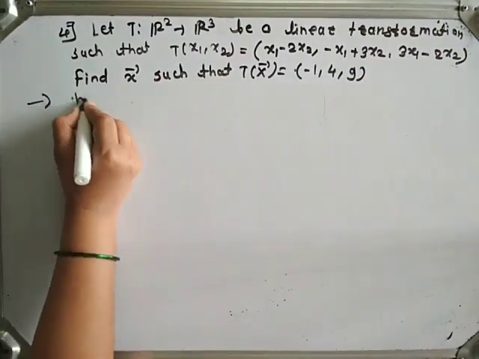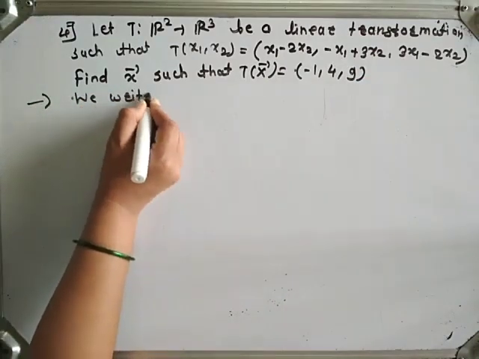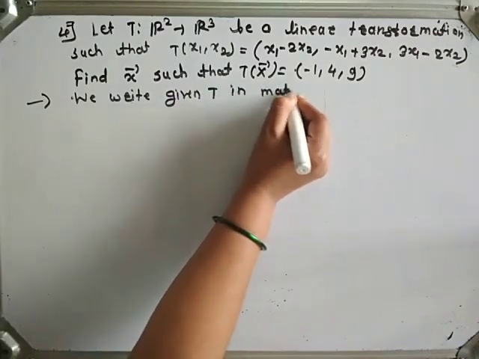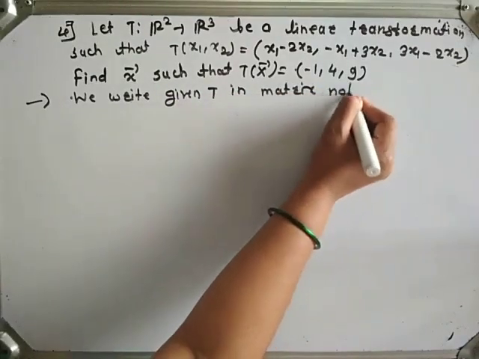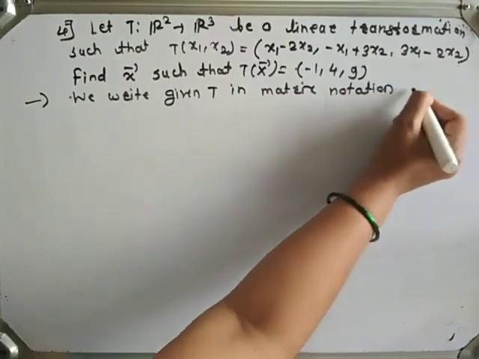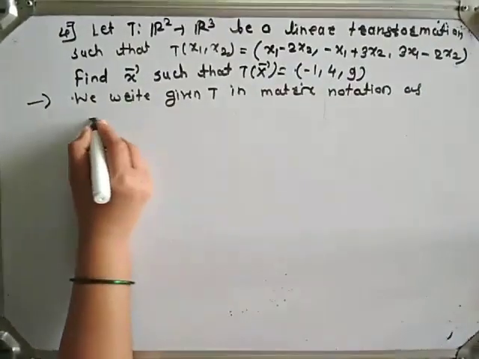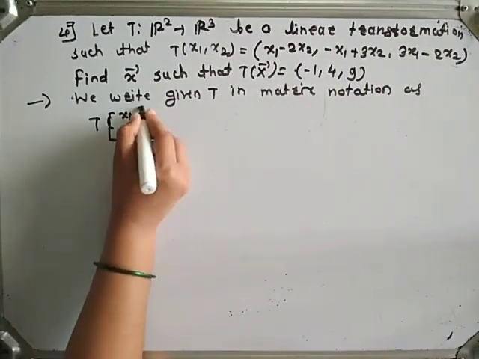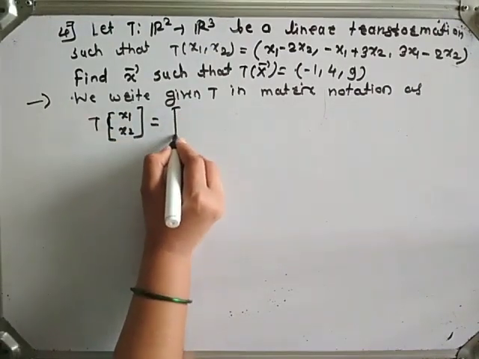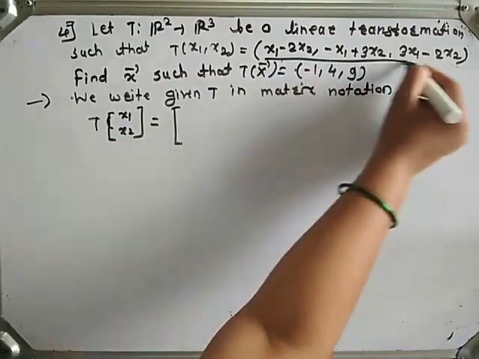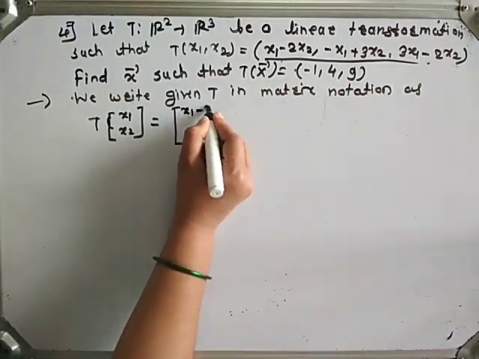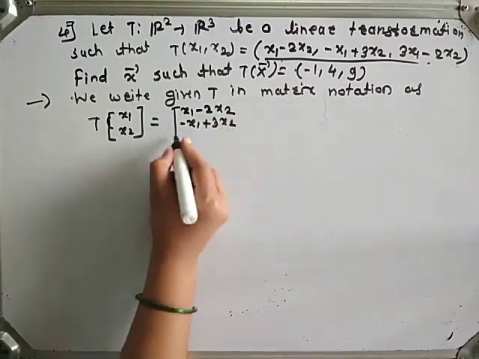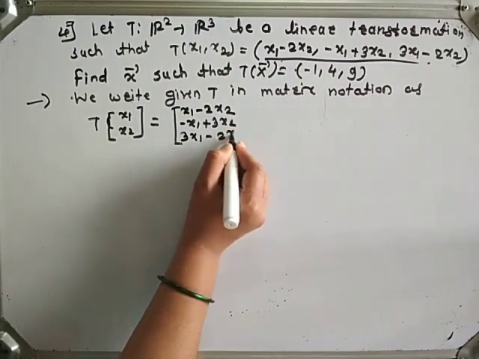Solution, we write given T in matrix notation as T of x1 x2 is equals to matrix, write this vector in matrix form x1 minus 2x2, minus x1 plus 3x2, 3x1 minus 2x2.